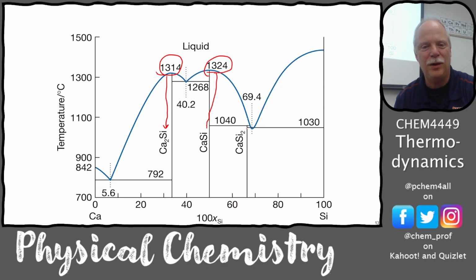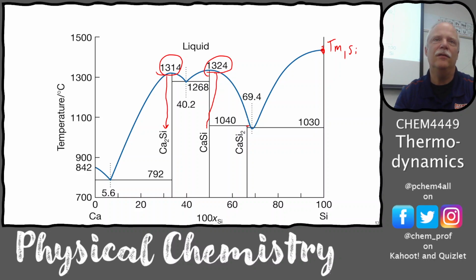So this one decomposes right there at 1040 and turns into just calcium and silicon solid, and then the liquid phase. And then this is the melting point for pure silicon, Tm silicon, and this 842 is the melting point of calcium.